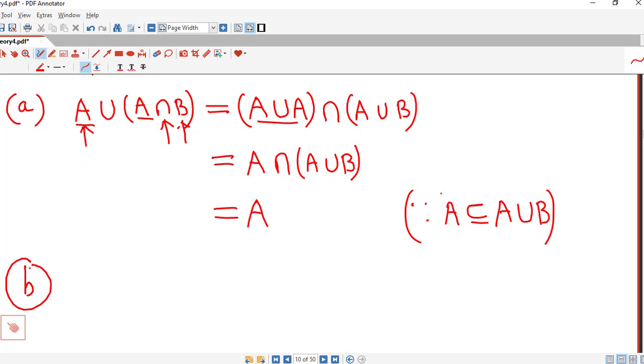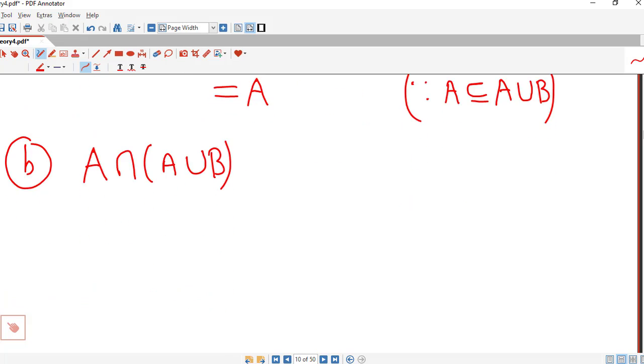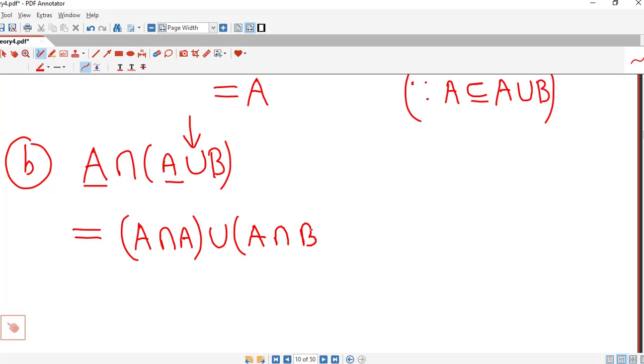Suppose we try to prove second one also. In second one, here we have to replace union by intersection and intersection by union. So here also we apply distributive law. First we consider A intersection A, then we consider this union, then A intersection B. This is by distributive law.